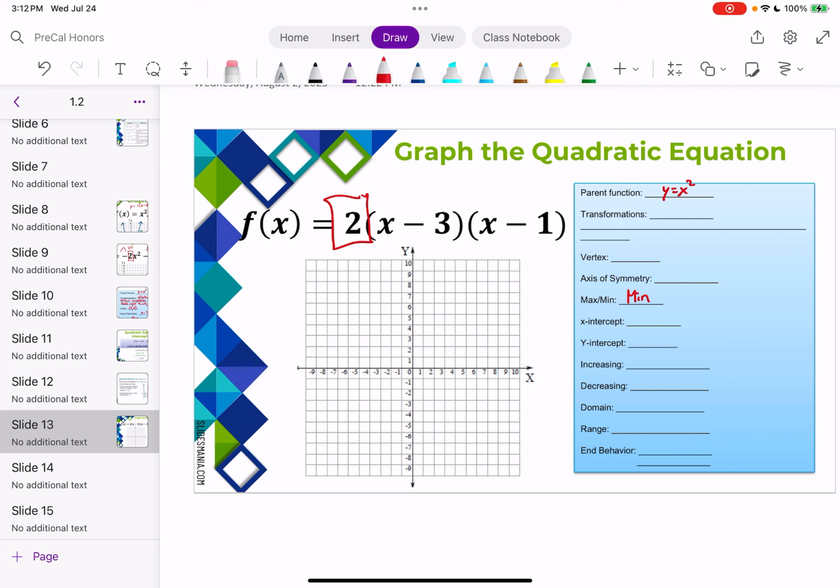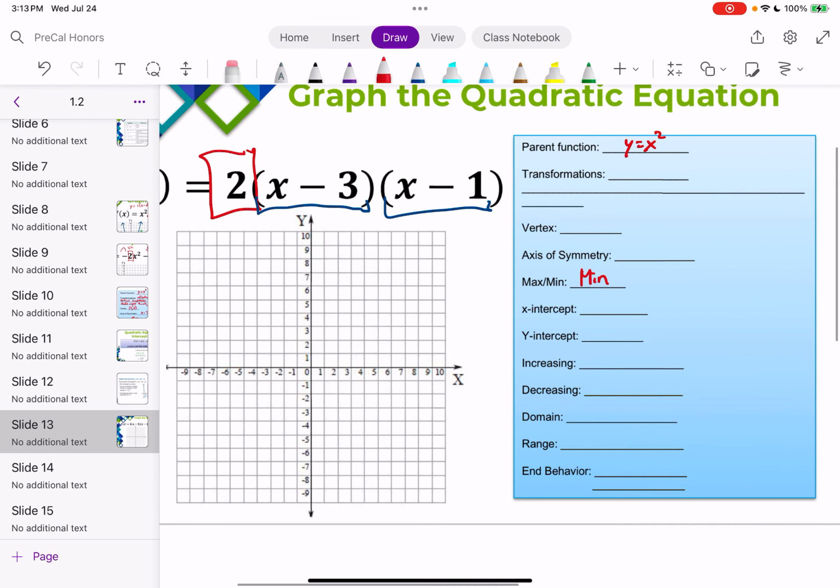Another thing that we can easily figure out is our x-intercepts, because remember, these two portions, x minus 3 and x minus 1, are both x-intercepts. Remember, we set each one of them equal to 0 and solve. So in this case, our first intercept would be 3, 0. Our next one would be 1, 0.